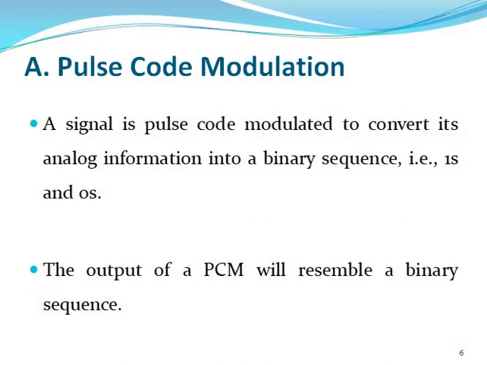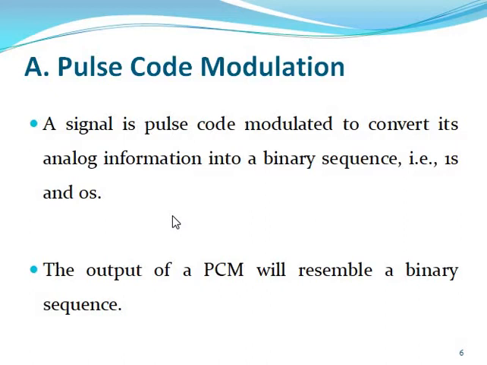The information is converted from analog to a binary sequence using pulse code modulation. The output of the PCM will resemble a binary sequence. So this is pulse code modulation.